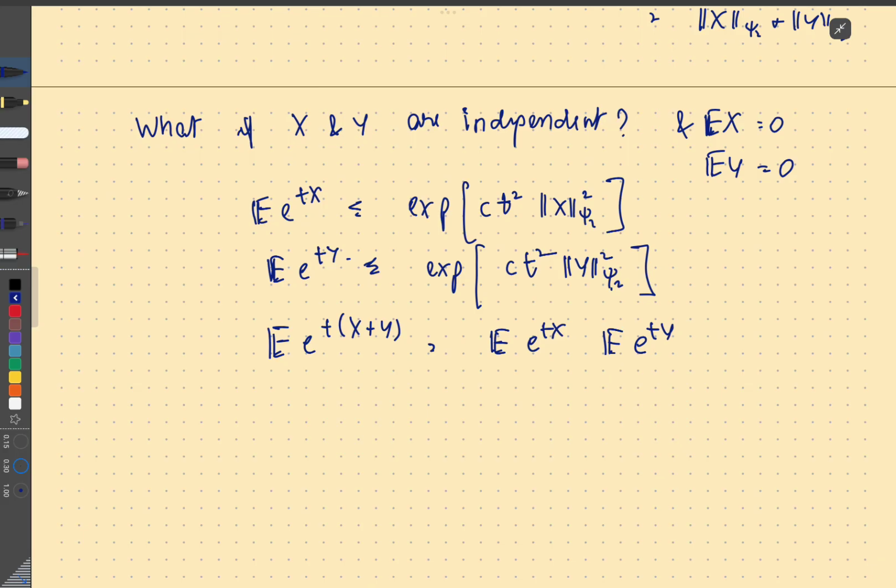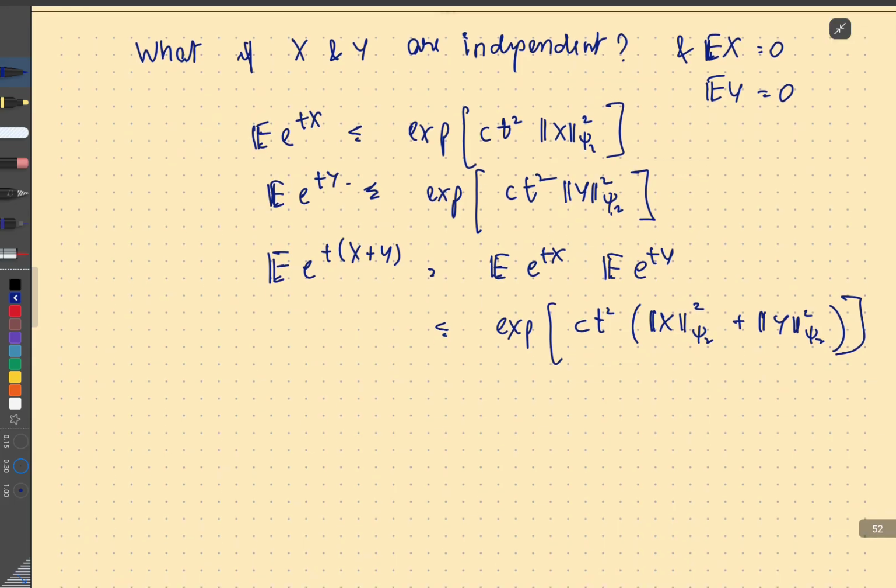And this is less than or equal to e to the constant times t square times the Subgaussian norm of x squared plus the Subgaussian norm of y squared.